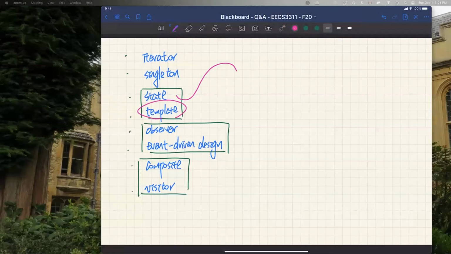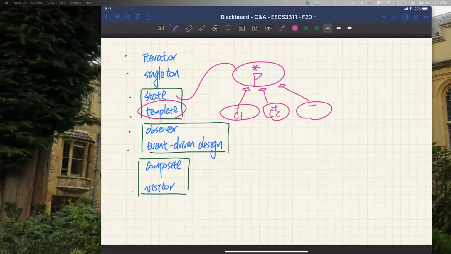So whenever you got some inheritance hierarchy, you got some parent over here, and also as many child classes as you like. Let's say we got child number 1, child number 2, and child number 3. Let's think about how the template design pattern can be derived.